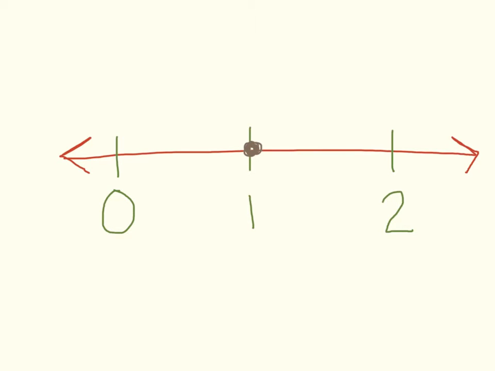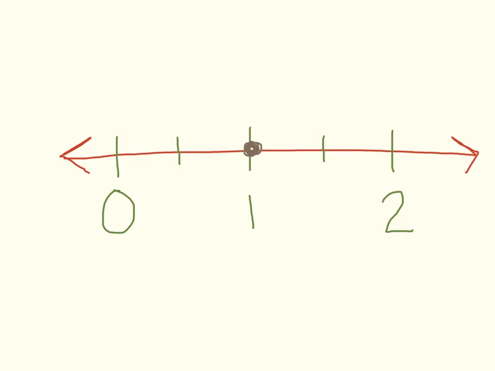Now, if we were to draw in smaller lines here, here's where we're going to be getting into our mixed numbers, which remember is a whole number and a fraction, or just a fraction. To identify a fraction on a number line, you need to take a look at two things.